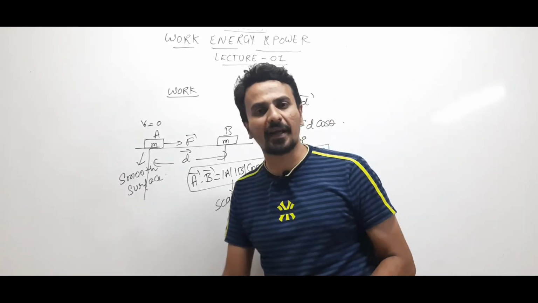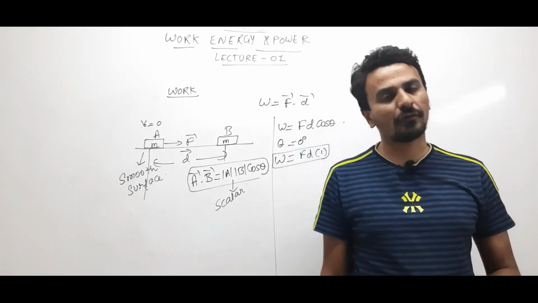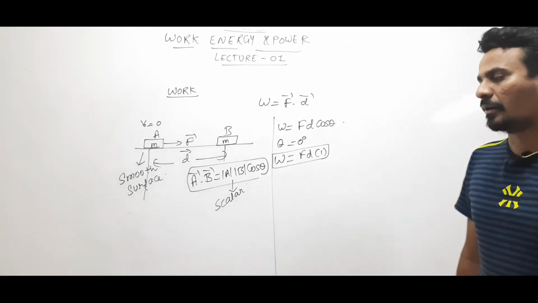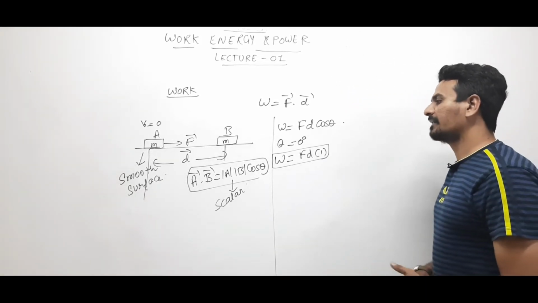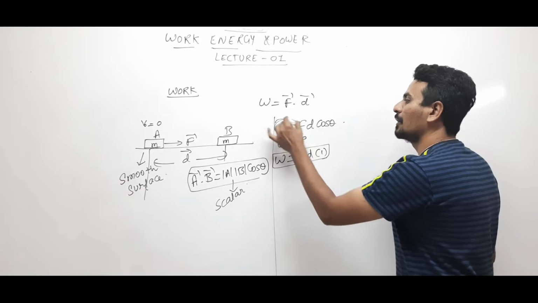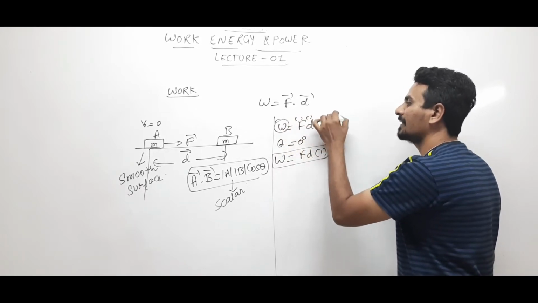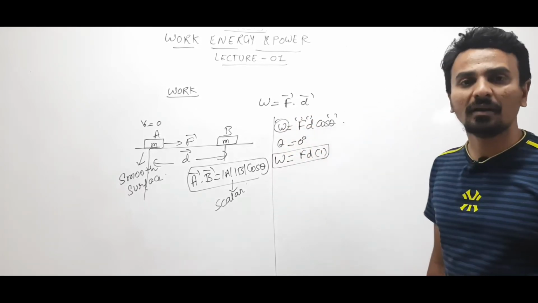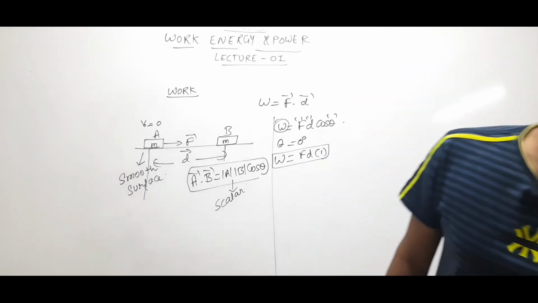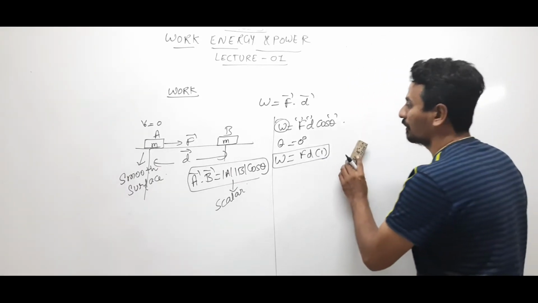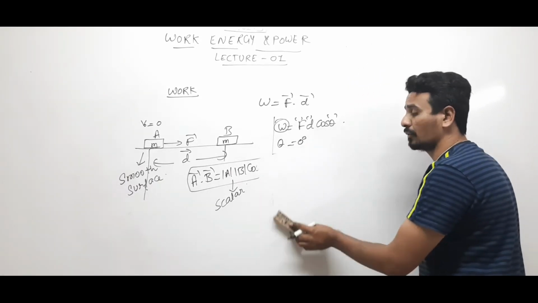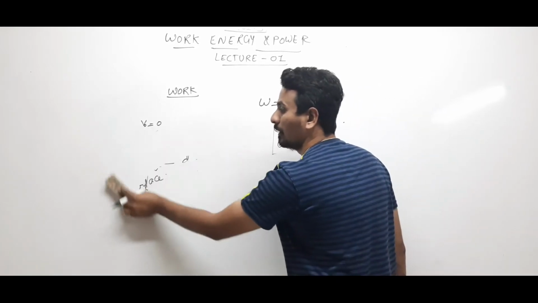Further, we'll also generalize, or we'll make the definition of work done very precise. Okay. See, as you can see that work done depends on the value of force, displacement and the angle. Now we know that cos theta can be positive, cos theta can be negative, cos theta can be 0.